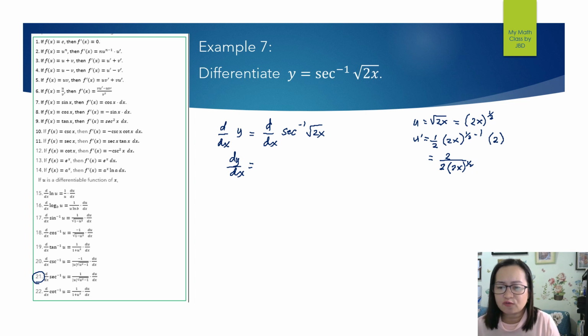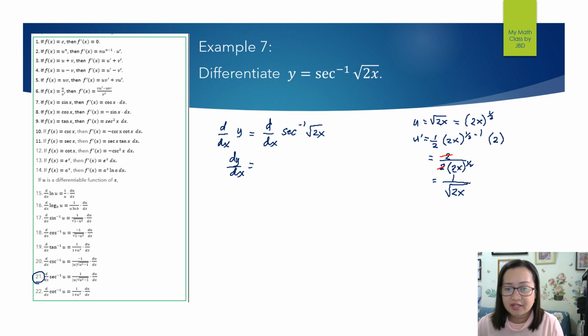Since the result of 1/2 minus 1 would be negative 1/2, we need to remove the negative sign by writing the expression in the denominator. Then simplifying further, we can cancel this. So simply the derivative of u would be 1 over the square root of 2x.